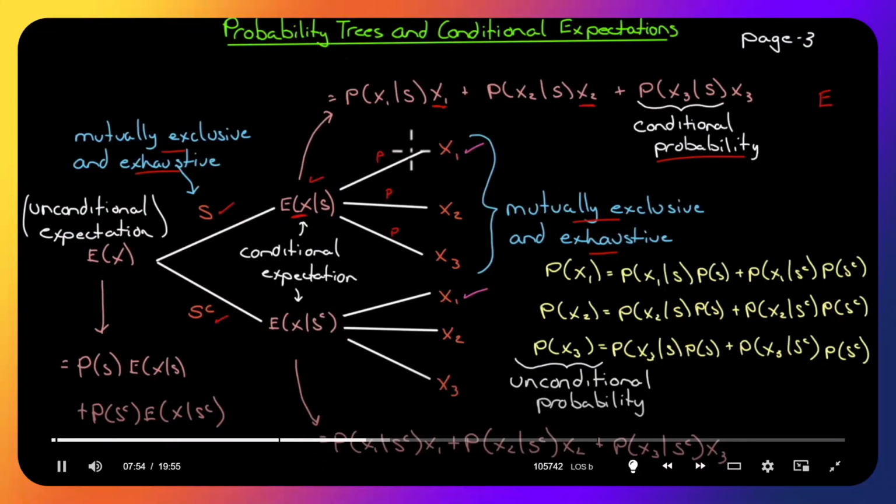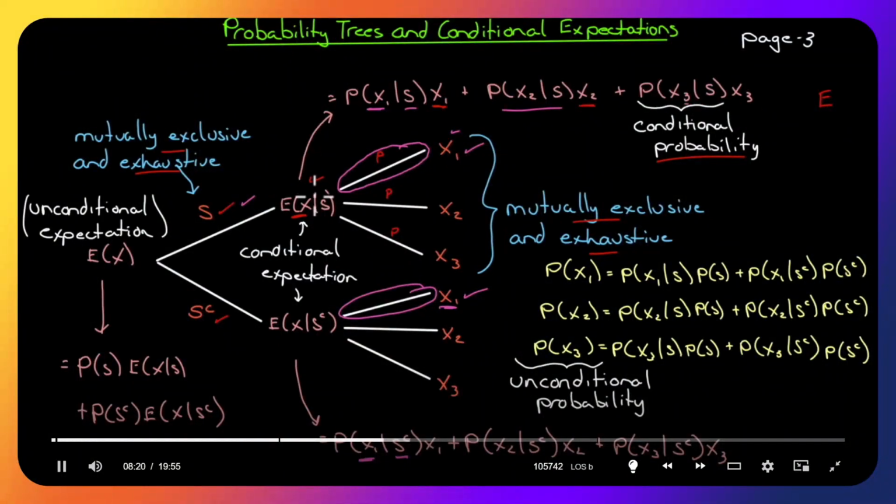So this branch right here, I'm going to circle it in pink. This branch up here, the probability of that occurring is the probability of X1 occurring given that S has occurred. Because for X1 over here, we see it's the probability of X1 given that S complement has occurred. That would give us the probability associated with that branch. And we do the same thing for X2 and X3.